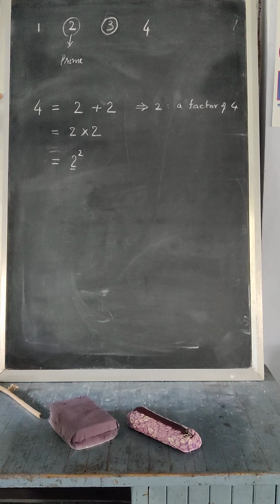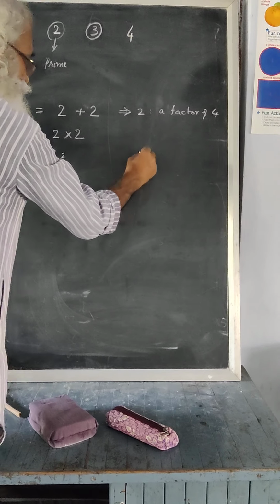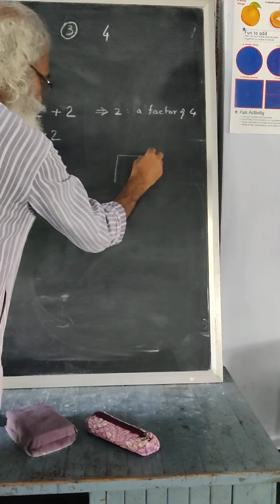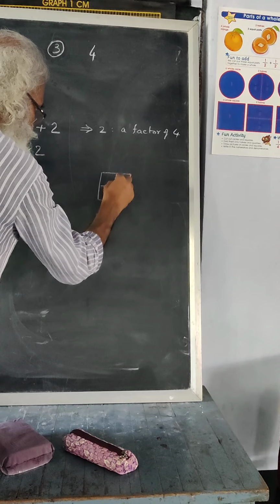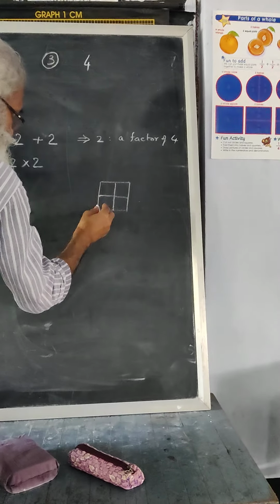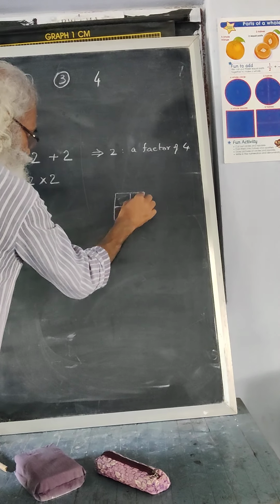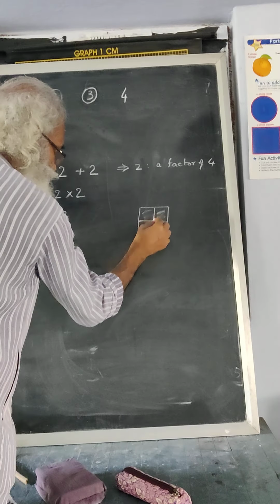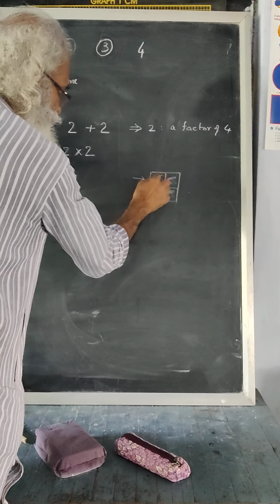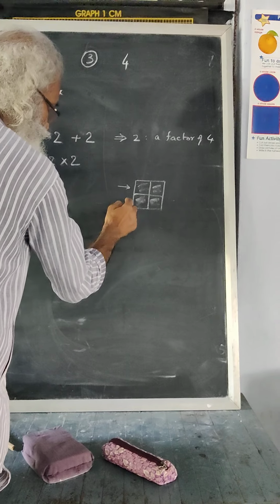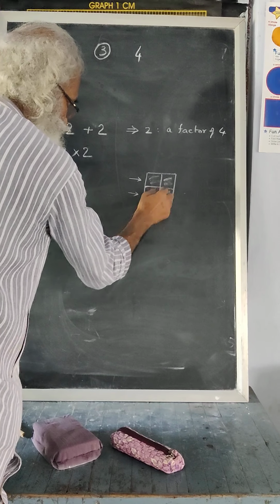Of course we know this. We know the square of 2 has 4 little squares like this. We can arrange them like this: the first little square, the second, the third, and the fourth. Looking this way we have 2 little squares, and looking this way also 2 little squares.